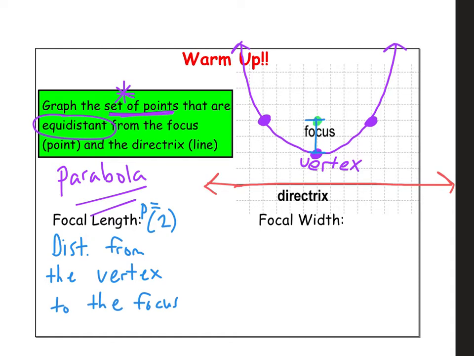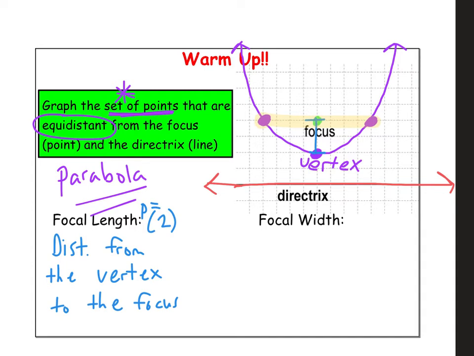The other one, the focal width, we don't really use it much. What it is, though, is measuring the distance through the focus from here to here, for example. The length of that segment is kind of like the width of the parabola. Of course, if we go higher, the width up here would be longer, and so on.